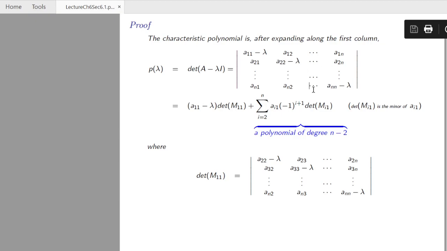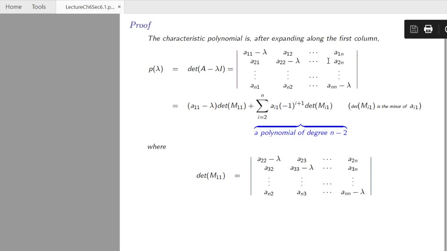Let's look at this matrix here. For this matrix, we can say it has lambda on the main diagonal, so from this we can say this minor, the determinant of M11, should be a polynomial of degree n.